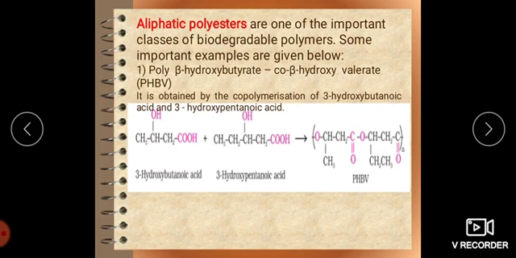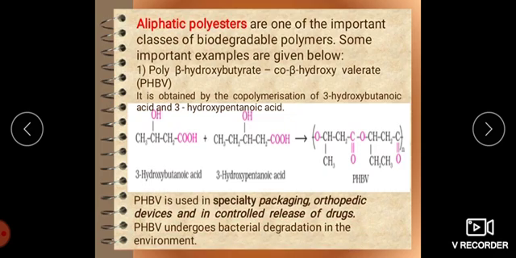Polyhydroxybutyrate-co-beta-hydroxyvalerate is a synthetic biodegradable polymer used in specialty packaging, orthopedic devices and controlled release of drugs. PHBV undergoes bacterial degradation in the environment.